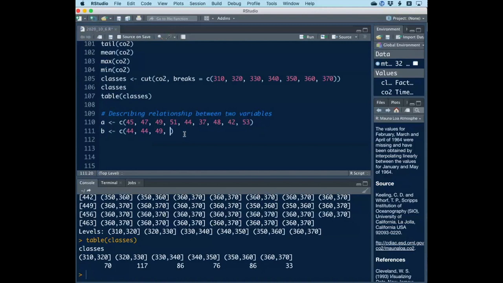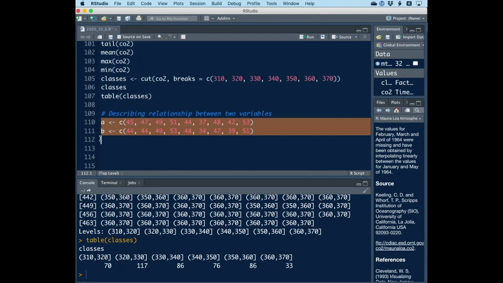So I have to read them. 53, 48, 34, 47, 39, and 51. So, hope I got them right. And if you find some differences with those in the book, it doesn't matter.